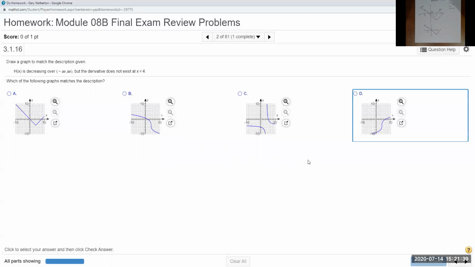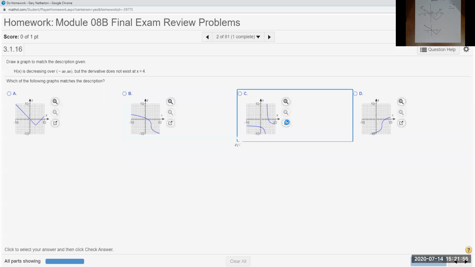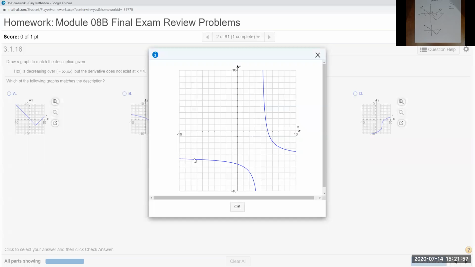So this one's so tricky because what's going on here, if you look at the derivative of B, derivative is negative, negative. Derivative is what we say is undefined here, and derivative is negative. Now for C, here the derivative is negative, and then there's a break, and it starts again up here, and it's still negative.